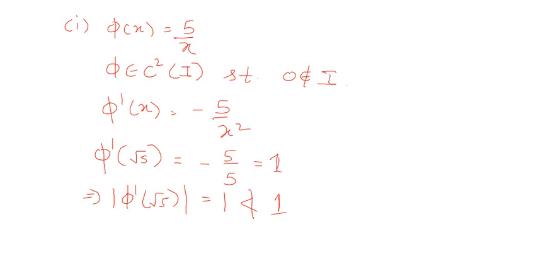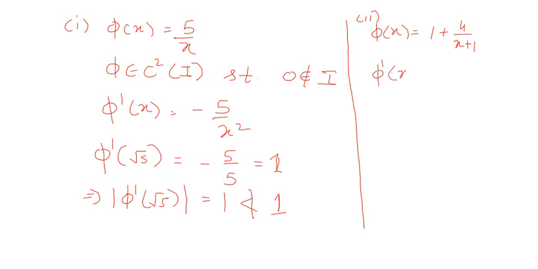Similarly, you can discuss the next case. For the second case, phi of x is 1 plus 4 by x plus 1. Now phi dash of x is equal to minus 4 by x plus 1 whole square. Mod of phi dash of x is 4 by x plus 1 whole square.